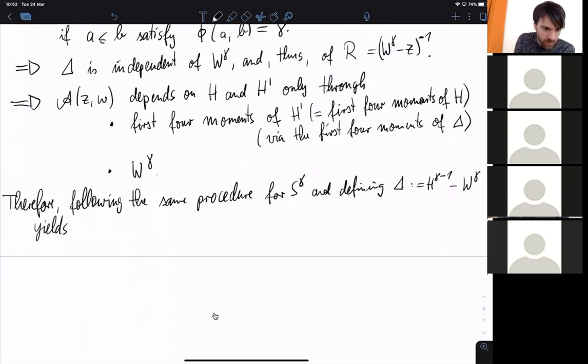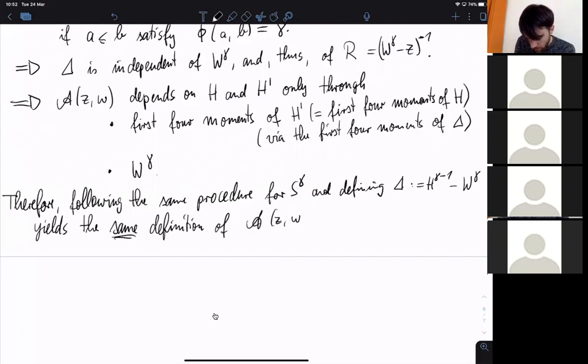So this yields the same definition of the A, and in that sense we would get the same expression.